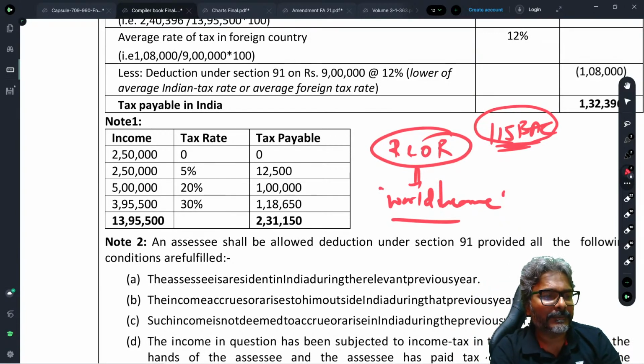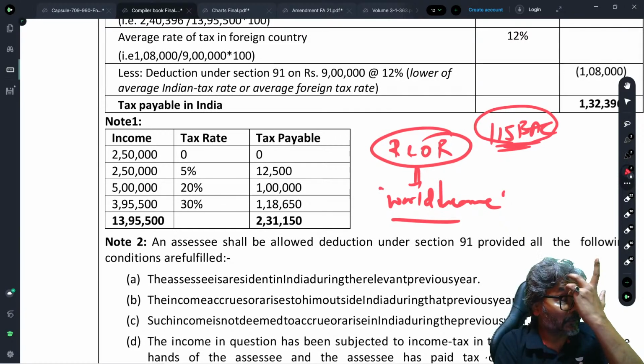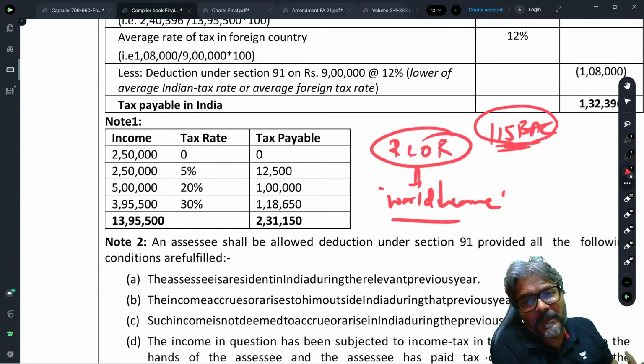Do they get it? Students, quickly. Abhishek? Answer is no. So these are tricks that these people are going to apply.